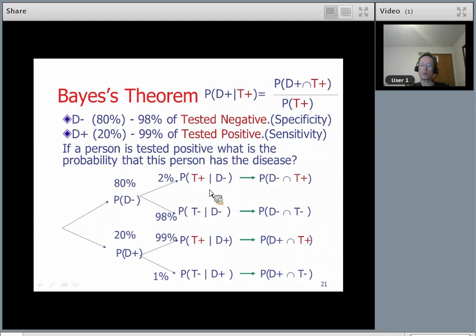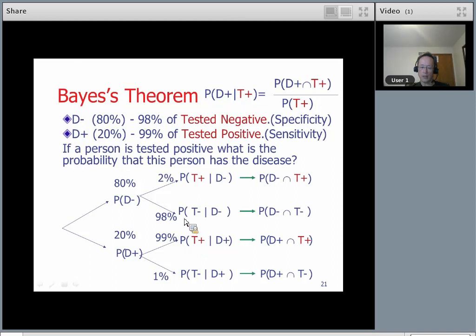Then, of course, if it's 98%, the probability of tested positive if people don't have disease is 2%. This is the complement of it. Also, the sensitivity. This is specificity. The sensitivity is what? Given you have disease, tested positive. It's given from this test. That's 99%. Then the probability of testing negative given that you have disease is 1%. That's the complement of that.